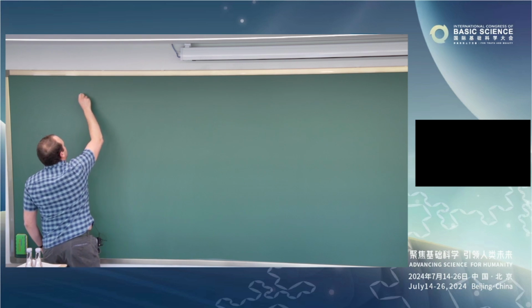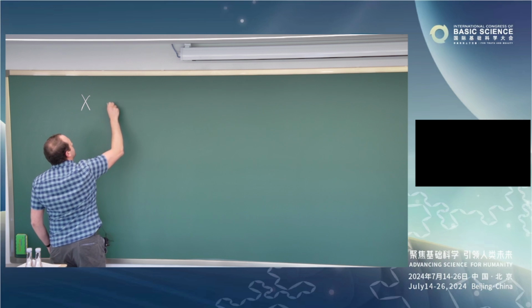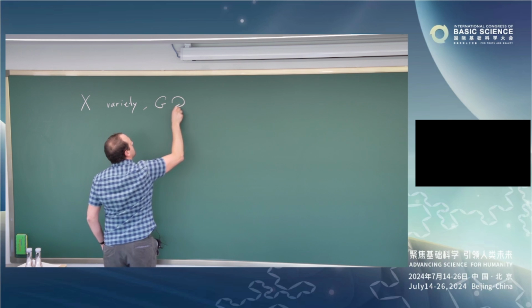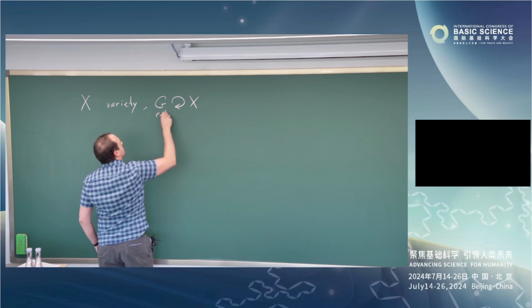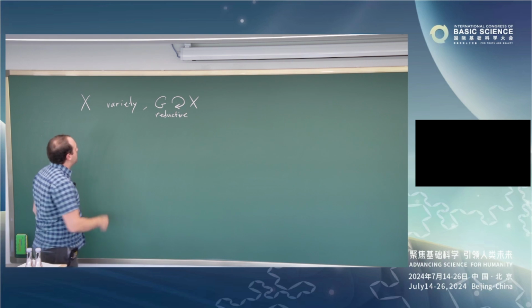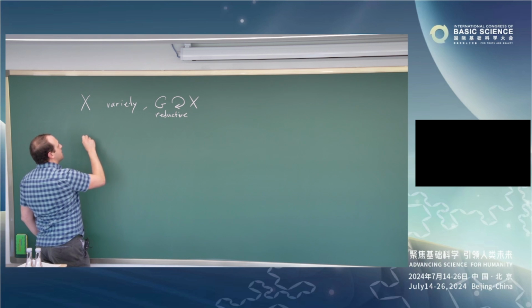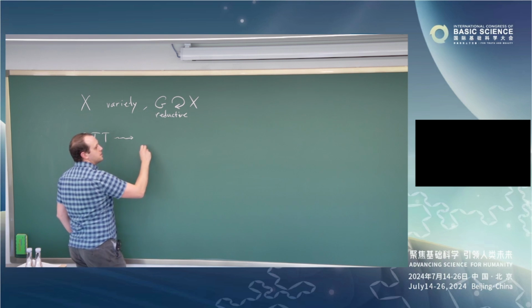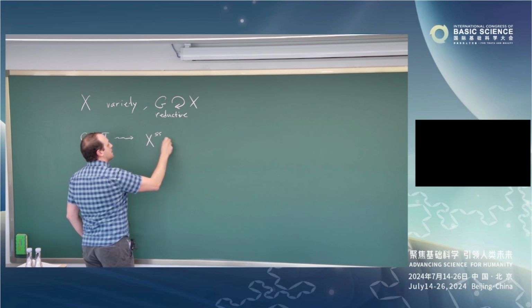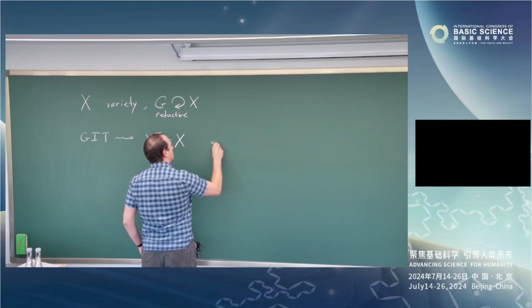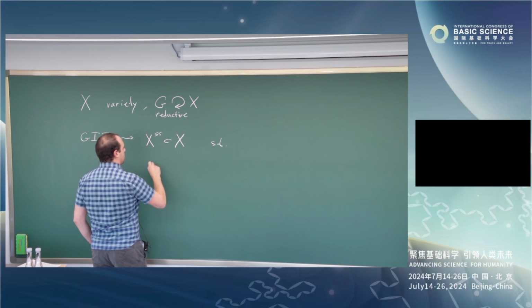Okay, so X is a variety with a G action. I'll always assume G is reductive. Loosely, what geometric invariant theory does, GIT for short, is it produces for you an open subset, the semi-stable locus, such that there exists what's called a good quotient.